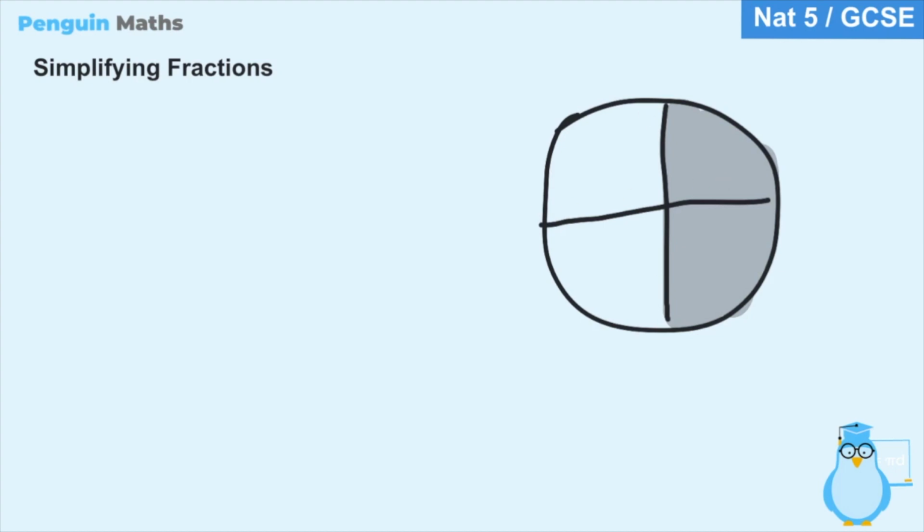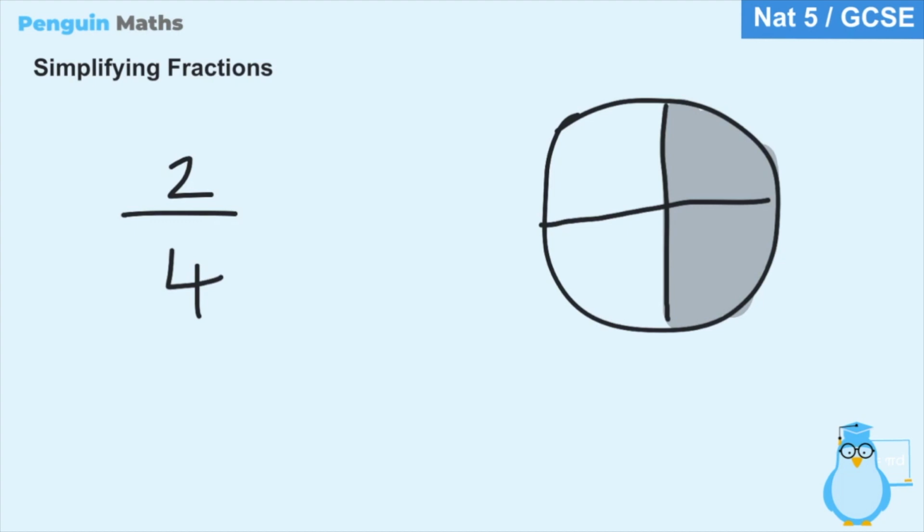And of the 4 slices, we take 2 of them, so this one here and this one here. To write our number of slices as a fraction of the whole pizza, it would be 2 because we had 2 slices, and that was out of a possible 4 slices, so the fraction would be 2 over 4.